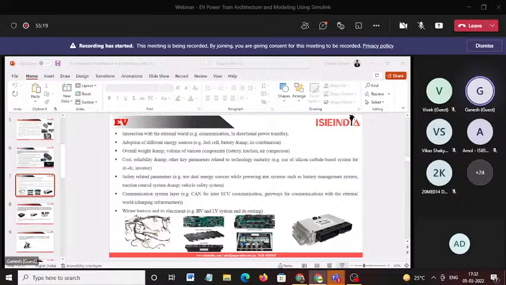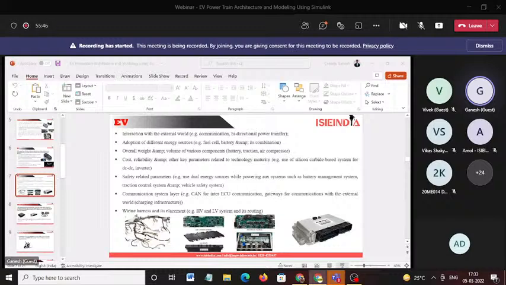Okay, so cost, reliability, safety-related parameters, and the communication system: in electric vehicles, everything comes under CAN communication. You might have heard how the ECU and VCU work, and how the control systems are going to work. All of these play a very important role in EV architecture.